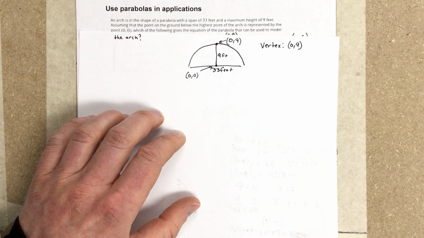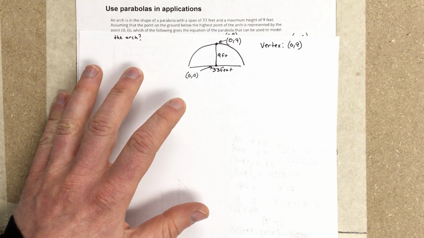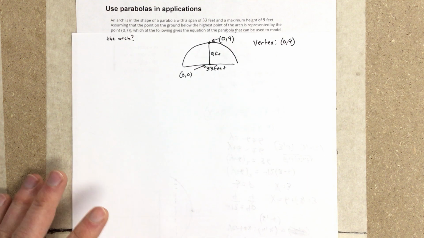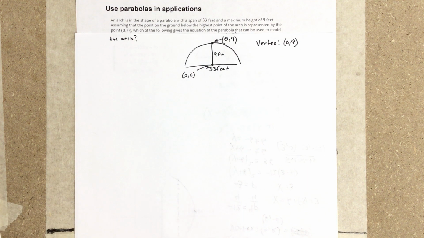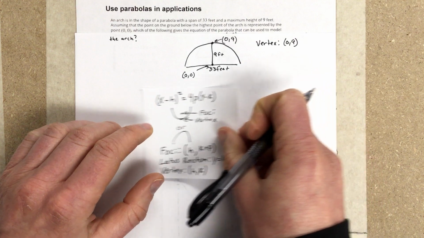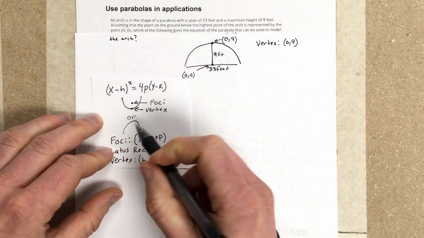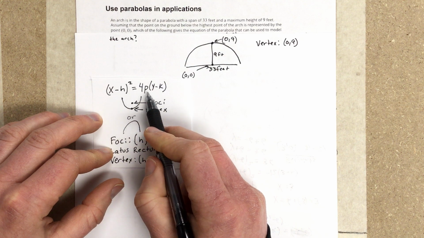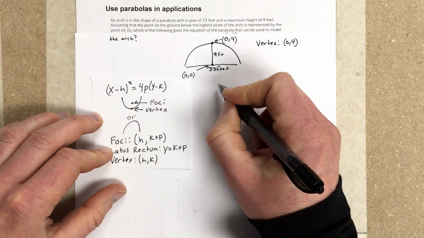And we can look at the equation. The equation that we get from this information is that we have a downward facing parabola, and we're going to use (x minus h) squared equals 4p (y minus k) to write the equation.